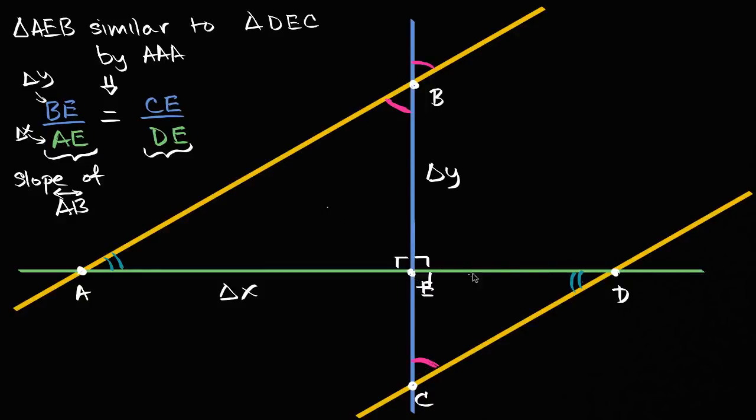This is going to be change in y over change in x between point C and D. So this is the slope of line CD. And so just like that, by establishing similarity, we were able to see the ratio of corresponding sides are congruent, which shows us that the slopes of these two lines are going to be the same. And we are done.